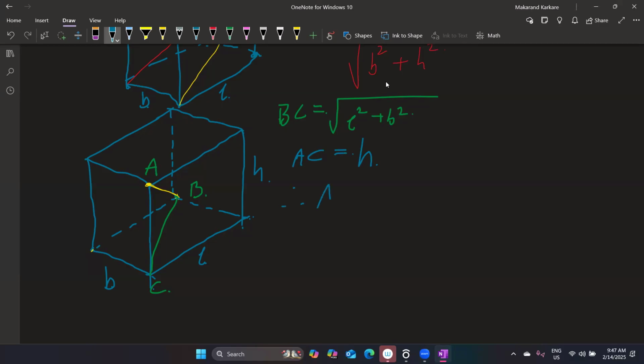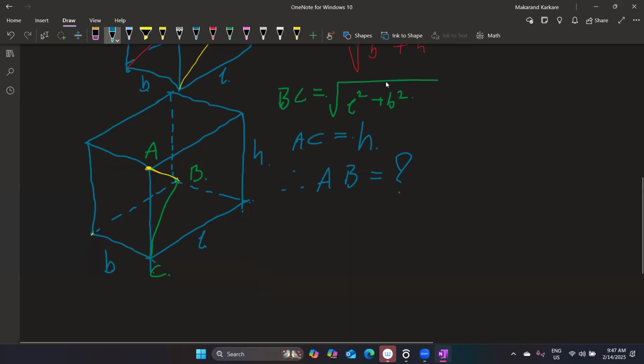So therefore, can you tell me what is AB? First of all, is this a right angle triangle?